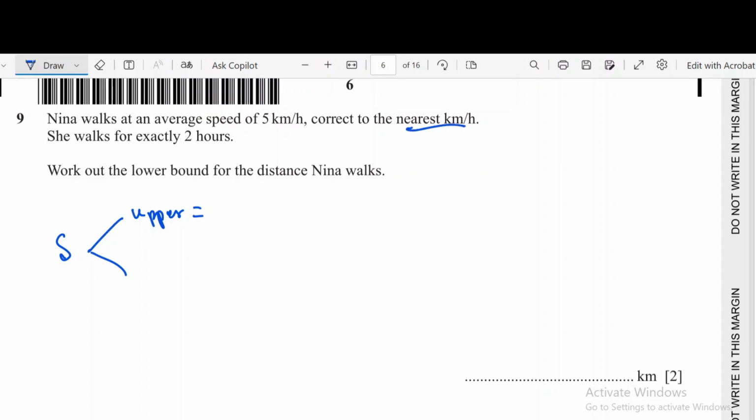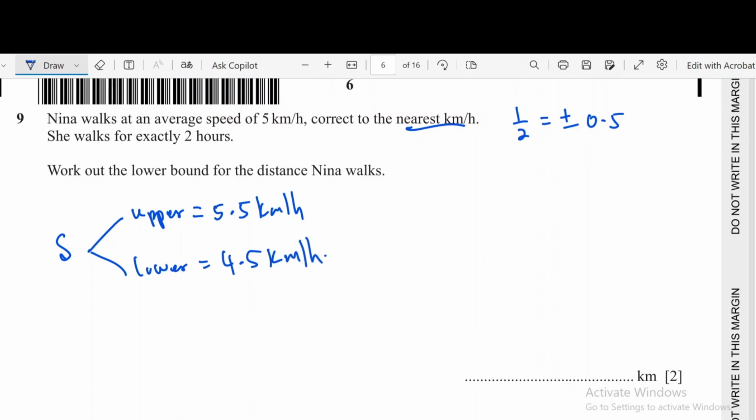Since it's correct to the nearest 1 kilometer, our limit is plus or minus 0.5. So the upper bound is 5.5 kilometers per hour, while the lower bound, we subtract, we have 4.5 kilometers per hour.